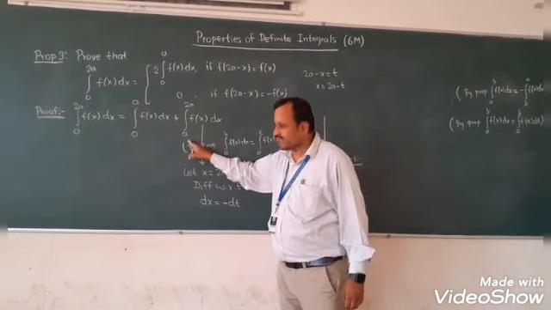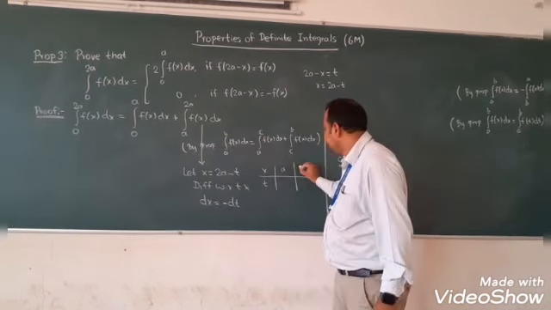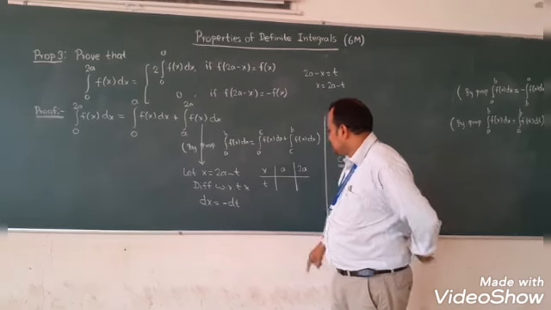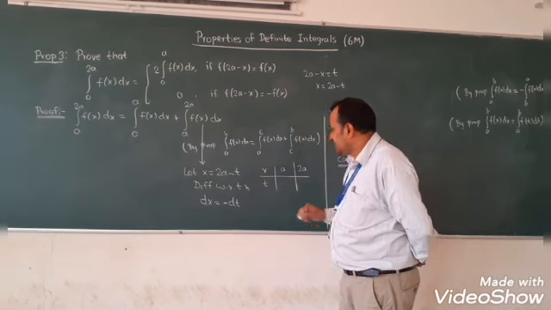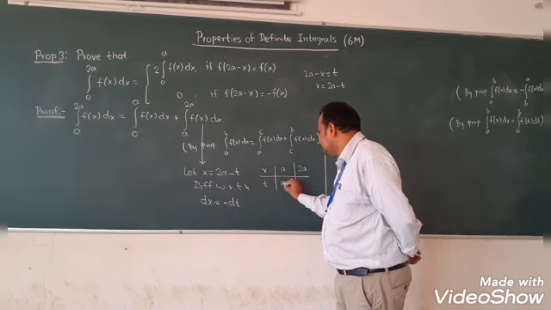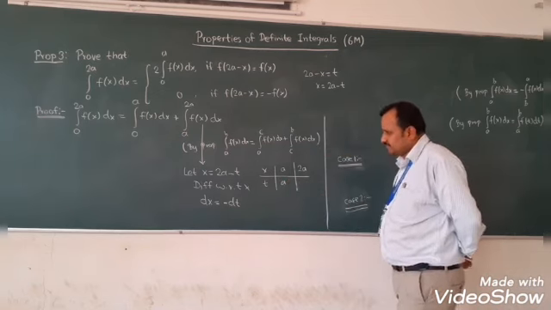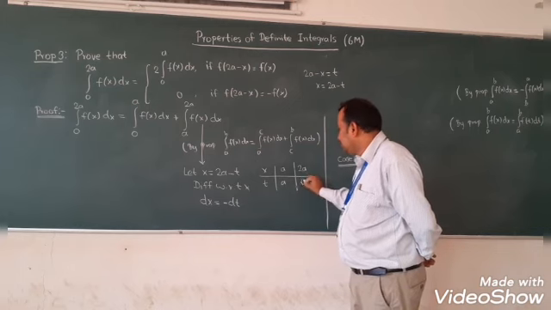Now lower limit is a, upper limit is 2a. Now see here, when x is a, t is also equal to a. When x is 2a, t equal to 0.